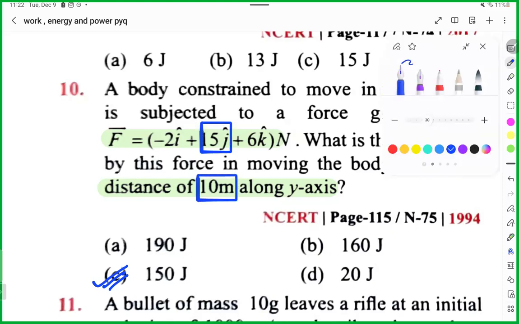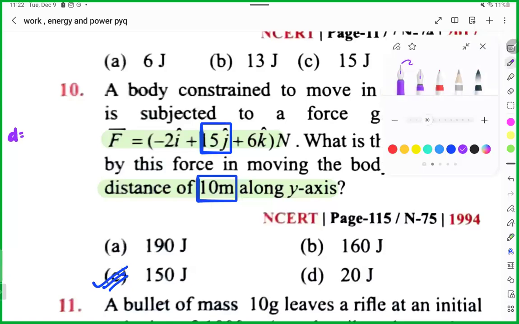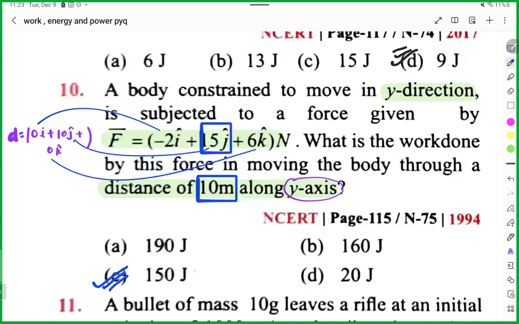So when you see this question, force is given, displacement you can write as 0 i cap, and because it is in the y axis, it will be 10 j cap and 0 k cap. If you multiply 2 with 0, 0, 6k with 0k, 0, and 15 with 10, 150.